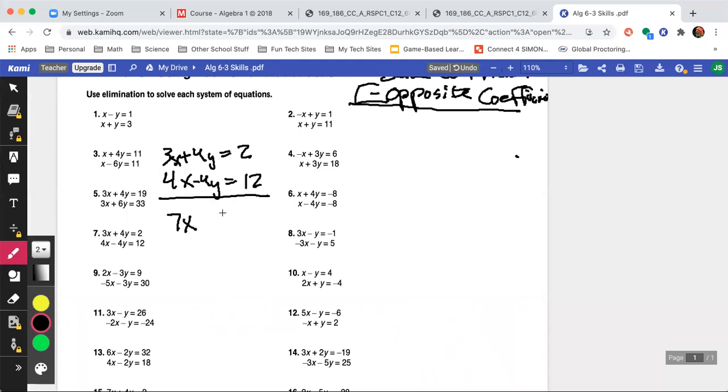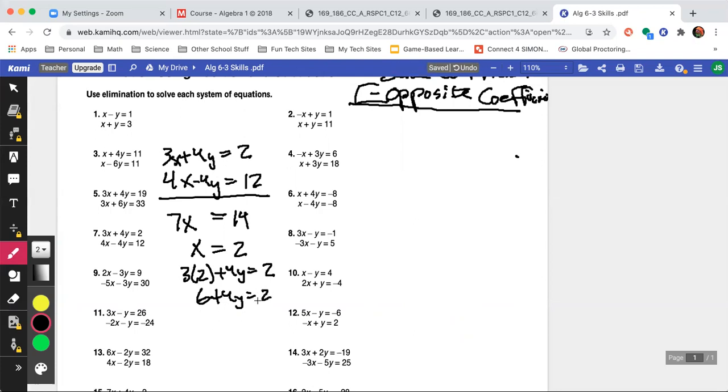My y's cancel. 2 and 12 give you 14. So that means x is equal to 2 because I divided both sides by 7. I'm just not writing it down so that we're keeping things a little neater. And then I'm going to put 2 in that top equation. So I'm going to go 3 times 2 plus 4y equals 2. So I got 6 plus 4y equals 2.